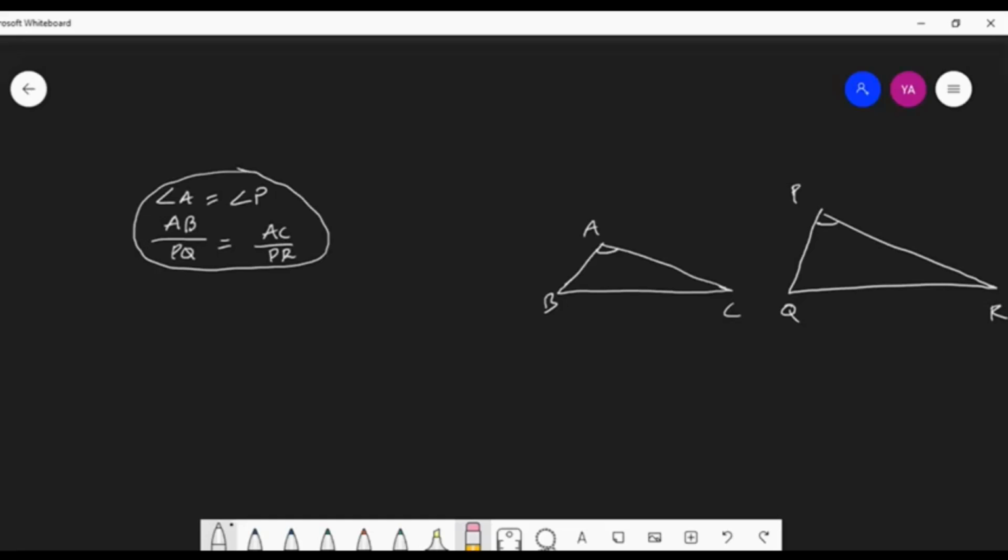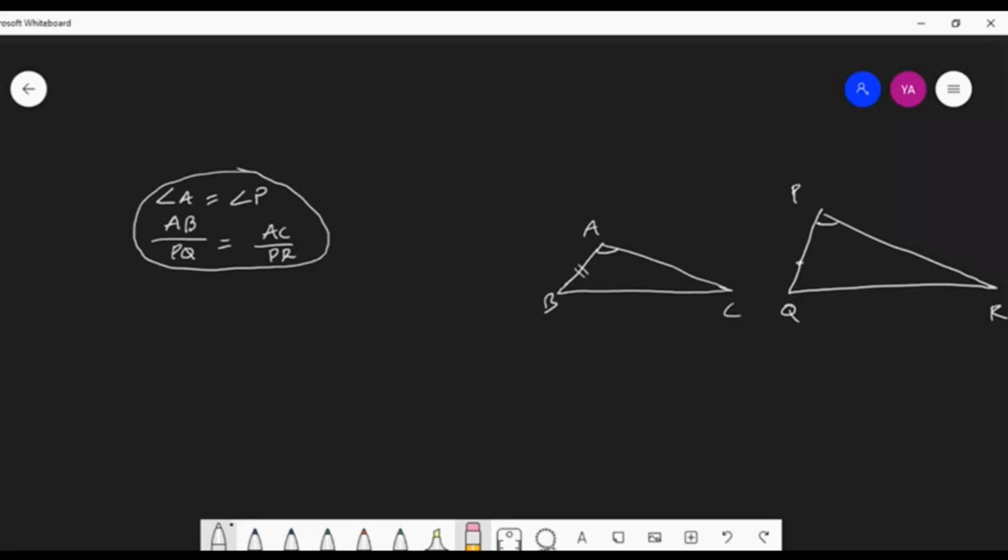It is enough to prove one of the criteria we already studied, either all three sides are in the same ratio or the angles are the same. So we will prove that, just like we proved the first two criteria. We want to take this length AB in the second triangle.